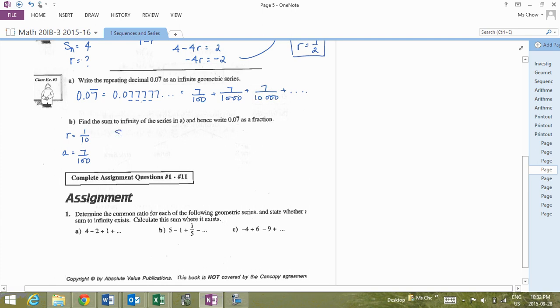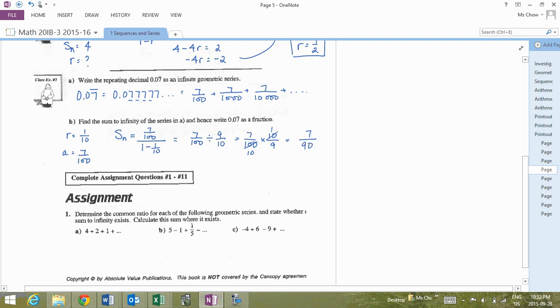So then our sum to infinity Sn is equal to a, or 7 hundredths, divided by 1 minus 1/10, which is 9 tenths. So divided by 9 tenths, multiplying by the reciprocal, 7 hundredths times 10 ninths, and then the 10 and the 100 can reduce to 1 over 10, in which case we're left with 7 over 90.